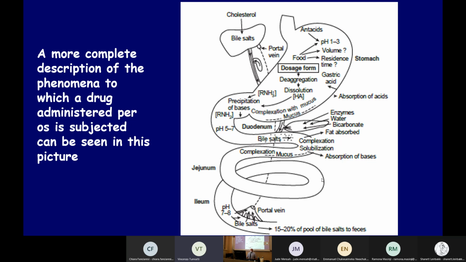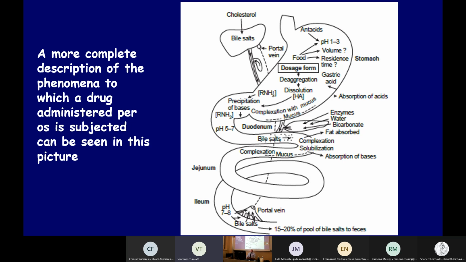Here in the picture you have the whole situation of what happens in the gastric absorption of a drug, or when a drug is taken orally. First of all, stomach.